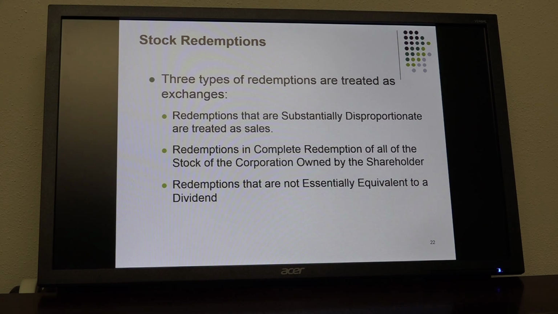If they don't meet the requirements under these three types of exchanges, the IRS will disregard the form of the redemption and declare that said redemption is actually a dividend, not an exchange.